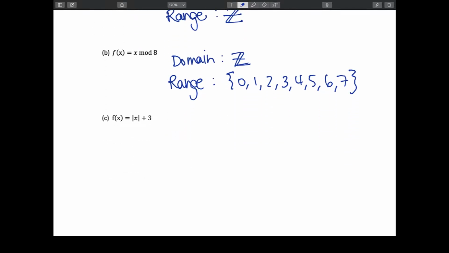Because the number mod 8 is that remainder when we divide by 8, it's always going to be an integer between 0 and 7.